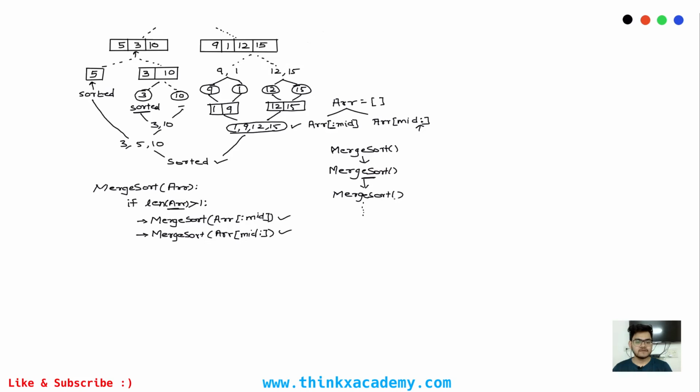So once we are done with the dividing part, recursion by its nature uses a bottom up approach. So I'm going to write here bottom up approach, which means that the function which was called at the bottom will first complete its execution, and then the execution control will go to the previous ones like this, right?